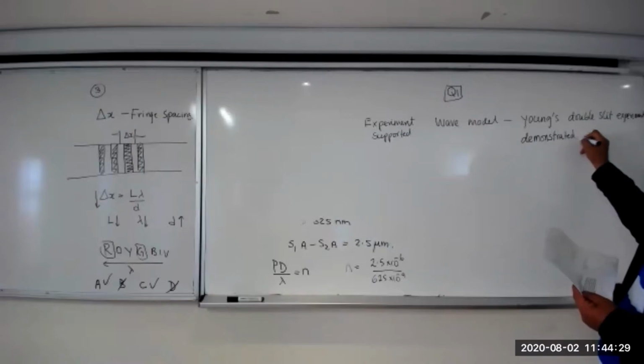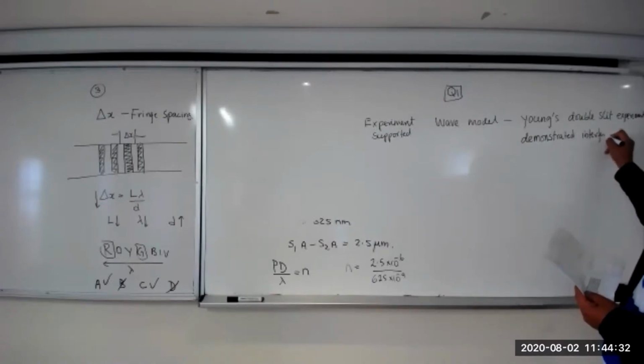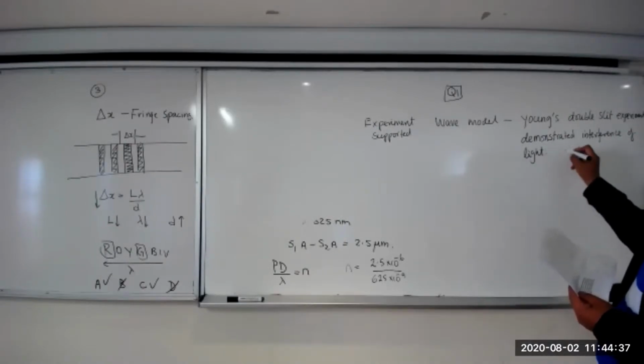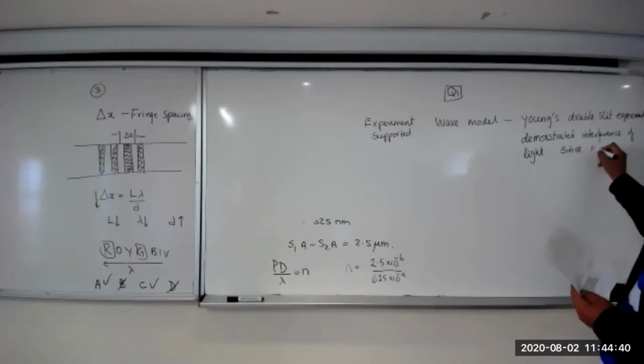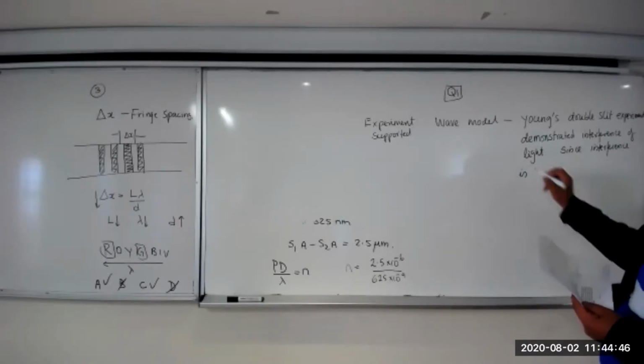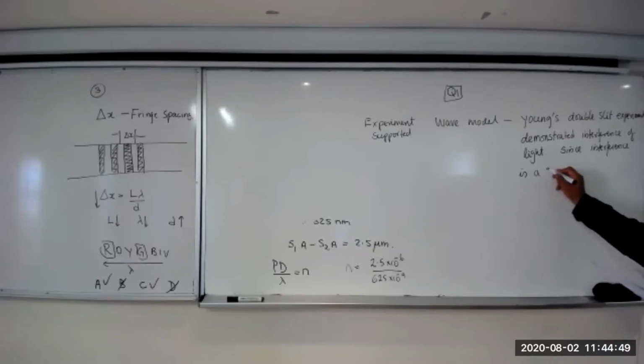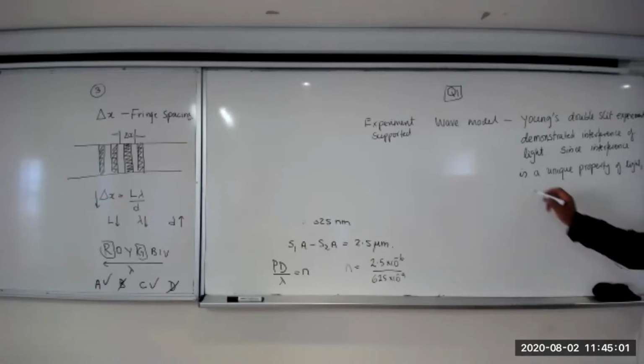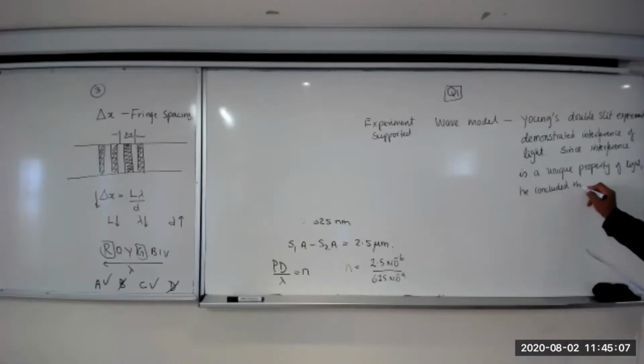Demonstrated interference of light. Since interference is a unique property of wave behaviour, he concluded that light has wave properties.